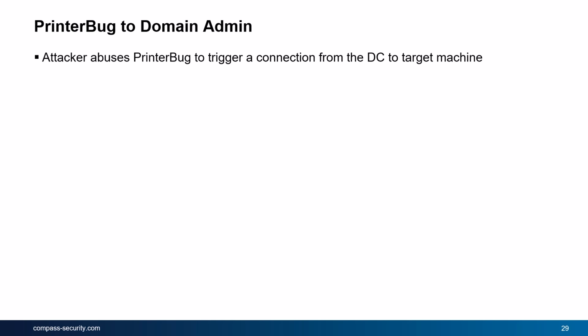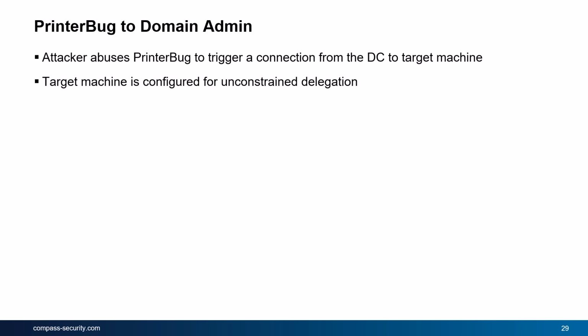So what we do is we as an attacker have already control over a system configured for unconstrained delegation, and we then abuse the PrinterBug to trigger a domain controller to connect back to our target machine.